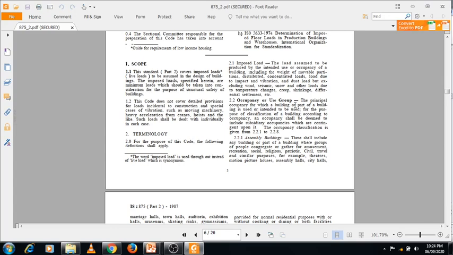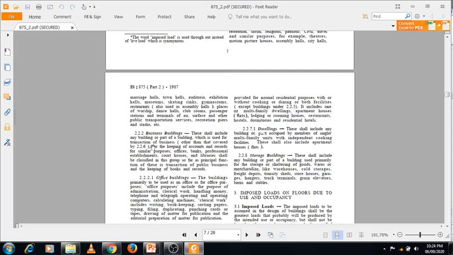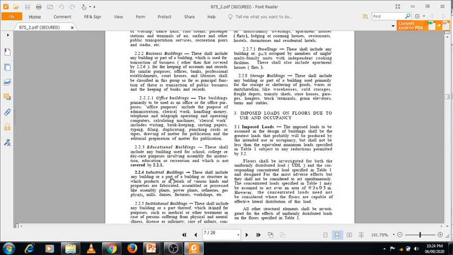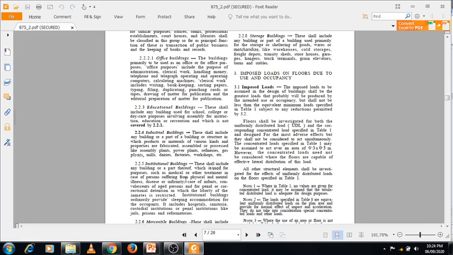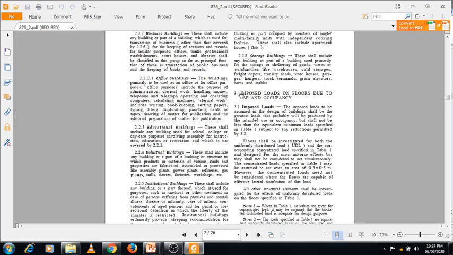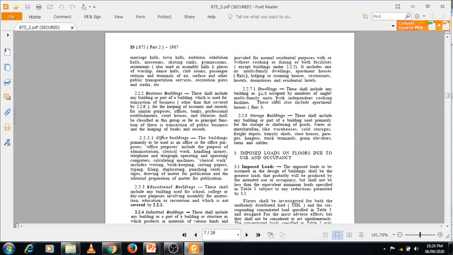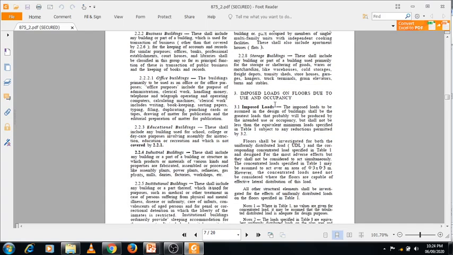According to the occupancy, the different buildings are classified, that is assembly building, business building, office building, educational building, industrial building, institutional building, and then storage building. For these different buildings we take different imposed loads on floors, according to the occupancy.